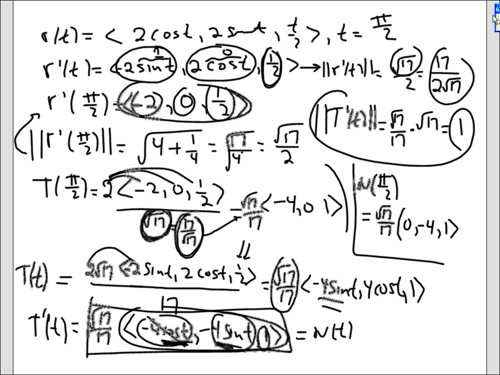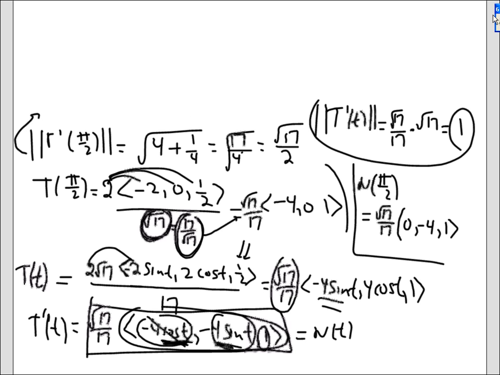Now, they want us to find the B formula. They want us to find B. In B, if you study some physics, you'll learn to understand why B is T cross N. Now, T is right here in the bottom left.